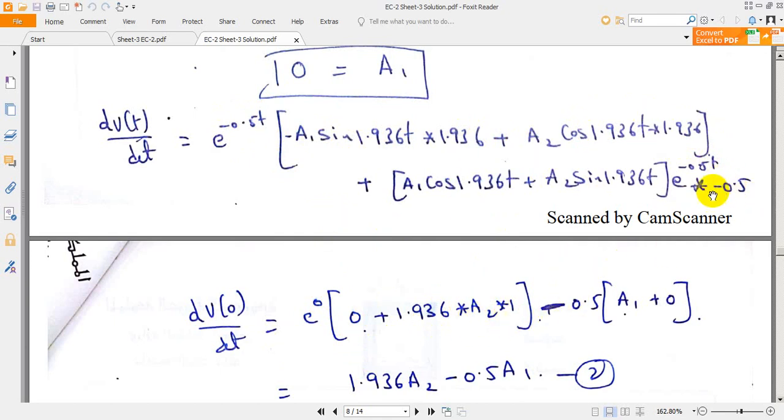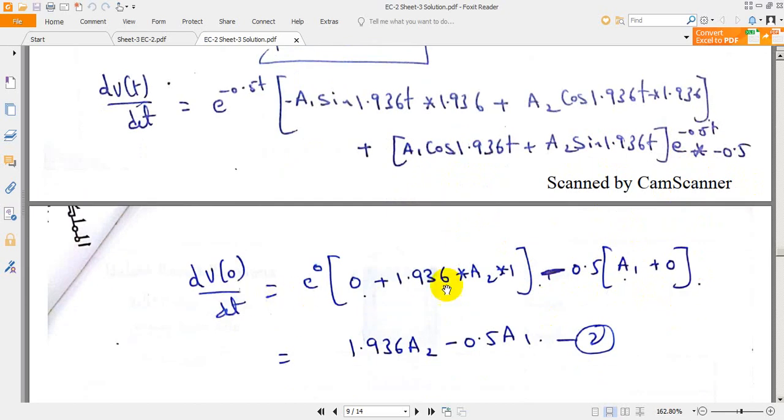This expression is multiplied by minus 0.5 into a1 into cos 0 is 1, plus a2 into sin 0 is 0, so minus 0.5 a1 plus 0. We got this expression: dV naught by dt is equal to 1.936 a2 minus 0.5 a1.